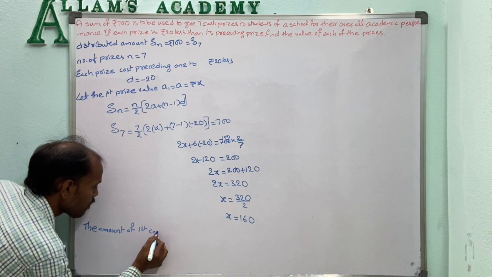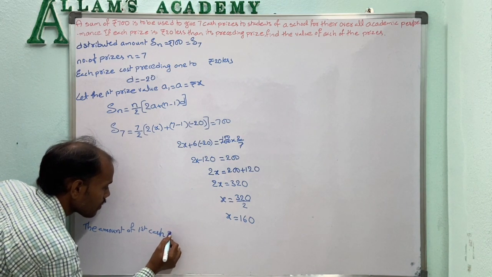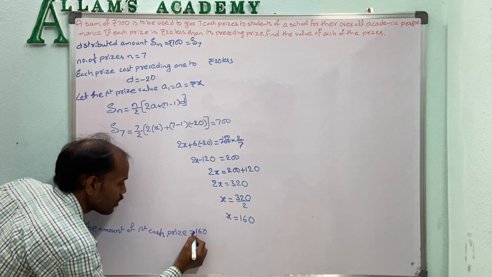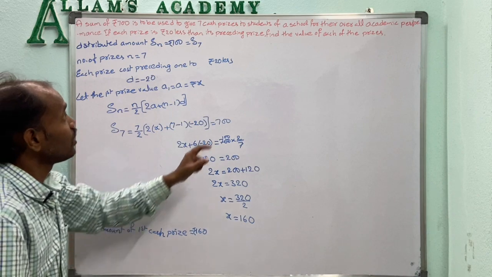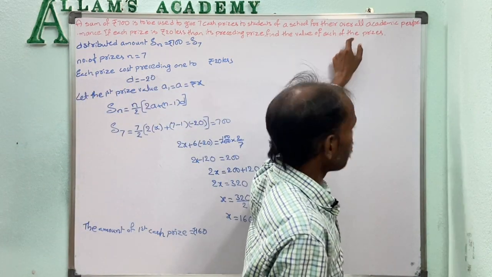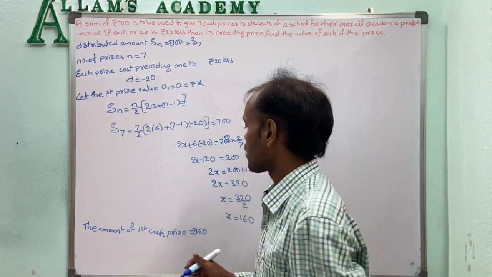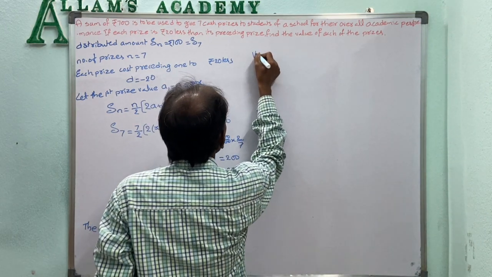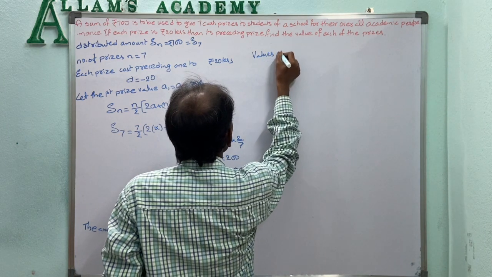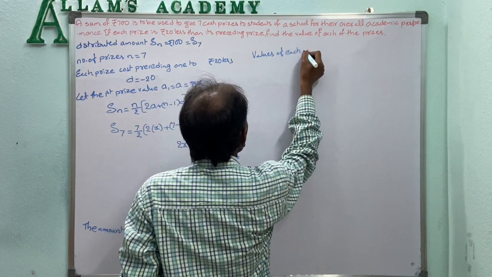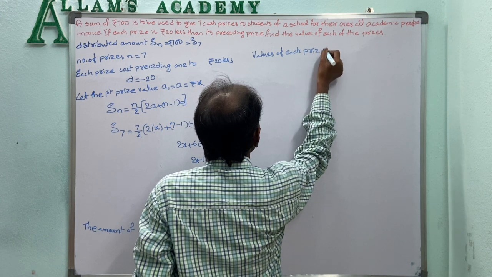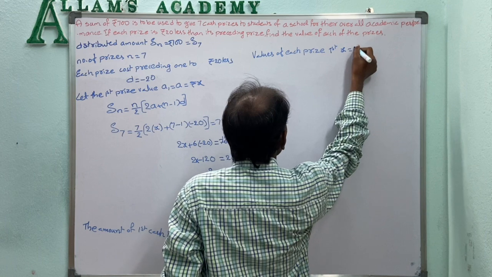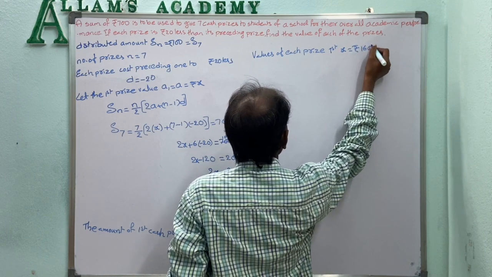first cash prize equal to 160 rupees. Now it is asked to find each prize value, so we are finding the values of each prize. So the first one is nothing but x equal to 160 rupees.